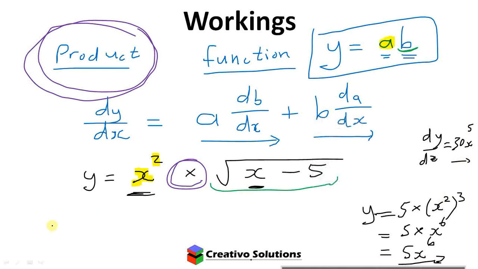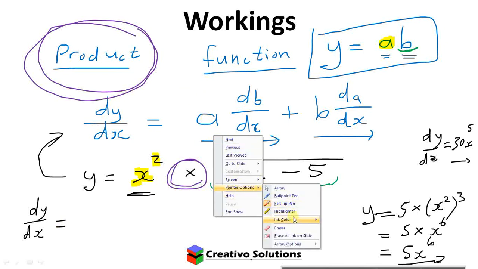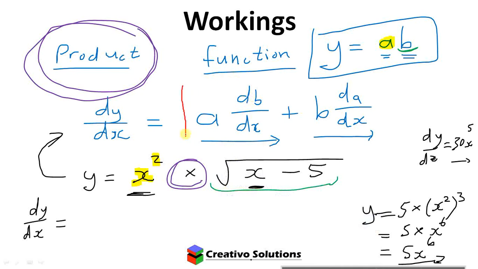So then the next line would be dy over dx, this formula there, just write that down. So dy over dx equals. Okay, so they want us to apply this. There's the first part. I'm going to use two colors to do this so you can see it. This is red. Okay, this is the first one. And that needs to apply to that.